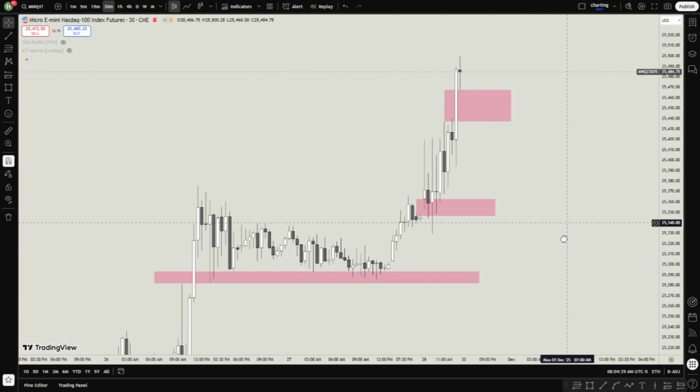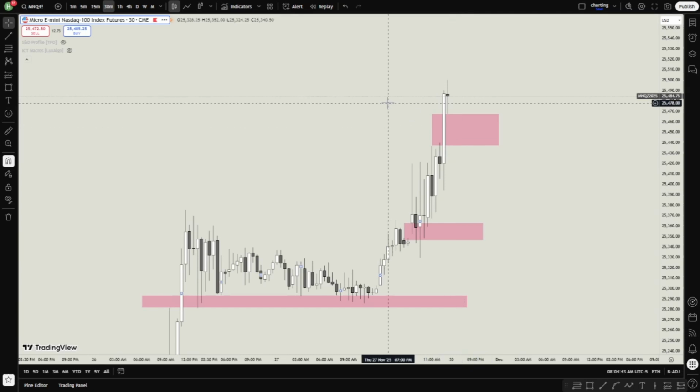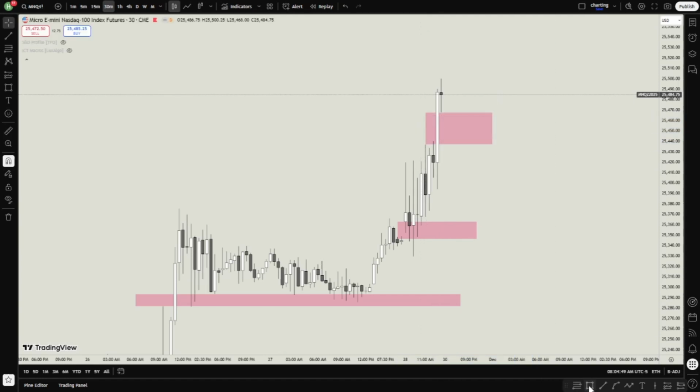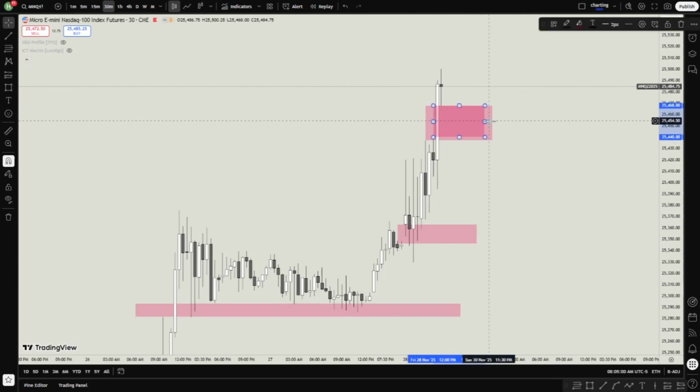Let's go down to the 30-minute chart. On the 30-minute chart, actually we also have a 30-minute fair value gap, but because we have 1 hour and 1 hour is much higher than 30 minutes, I specifically look at the 1 hour chart. But because we also have a 30-minute fair value gap, we can say this area is stronger.